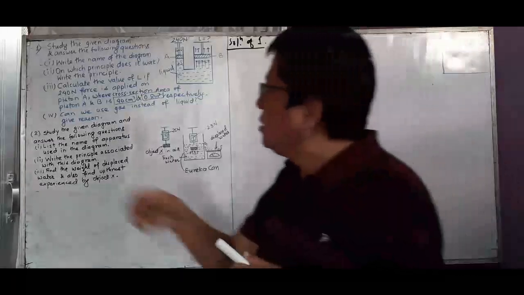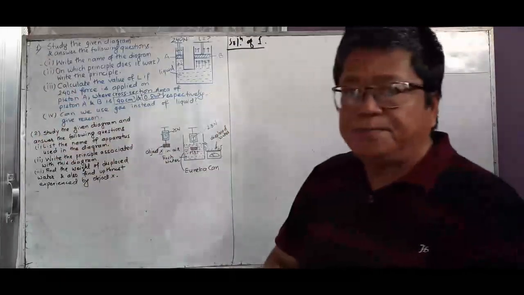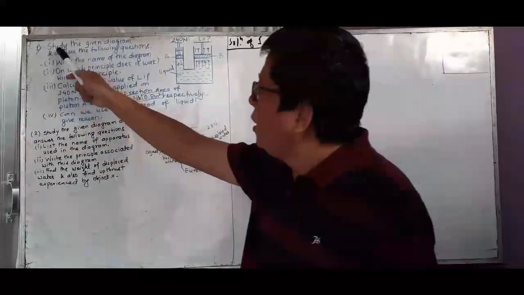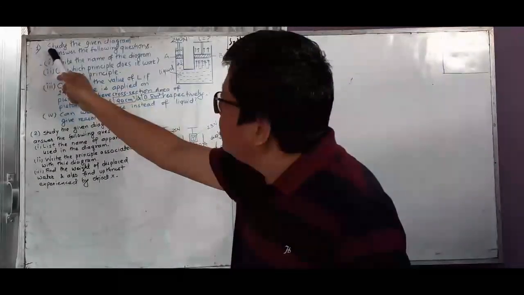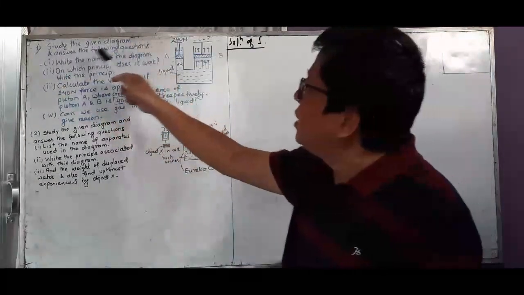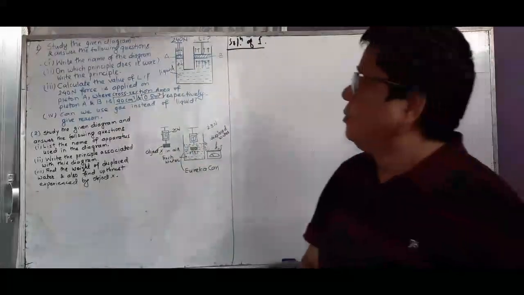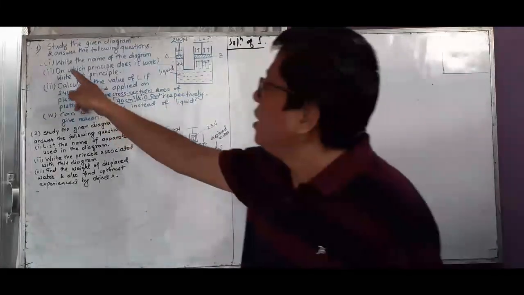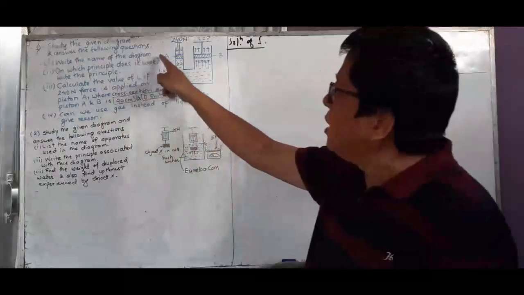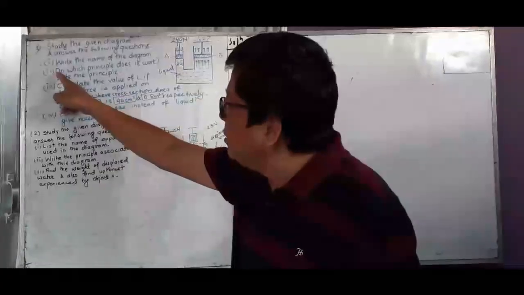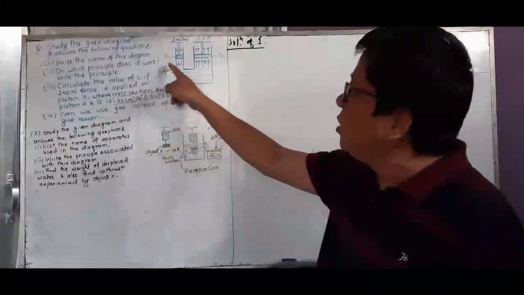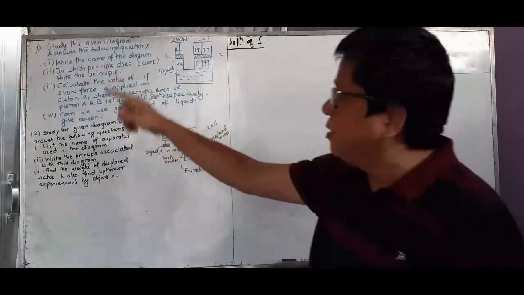The first question consists of 4 sub-questions. Study the given diagram and answer the following questions. And the sub-questions are: write the name of the diagram, and second, on which principle does it work? Write the principle.